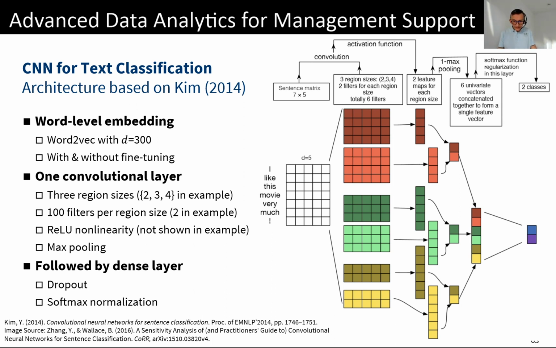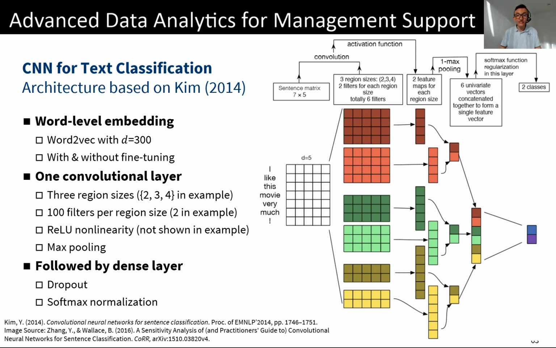And then we see multiple filters, colors here, of different region sizes. We have filters of region sizes 2, 3, and 4. The yellowish filters are of region size 2, the greenish are of region size 3, and the reddish are of region size 4.